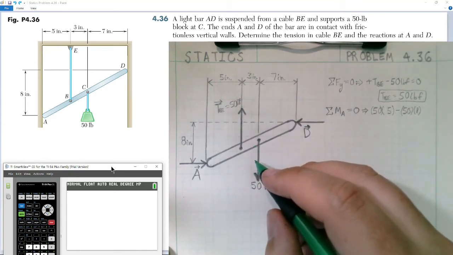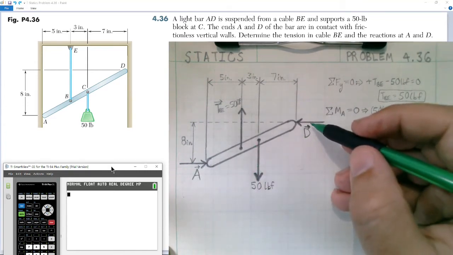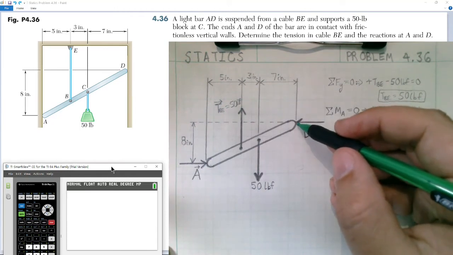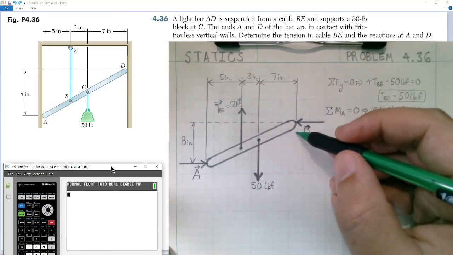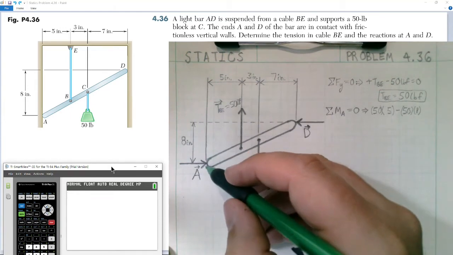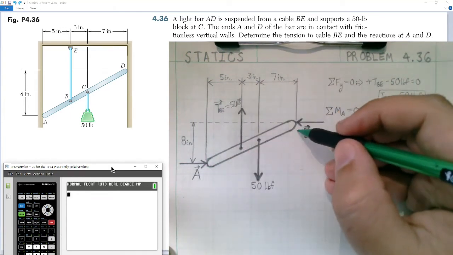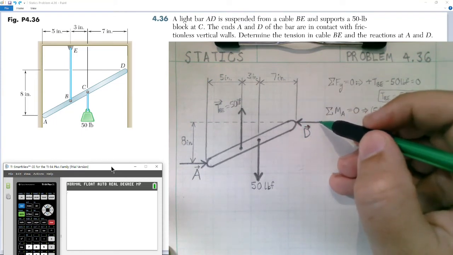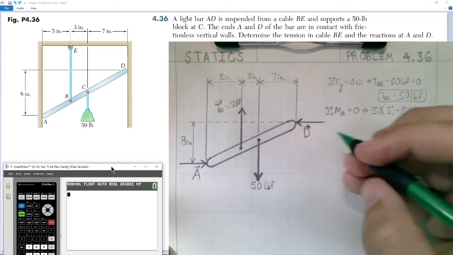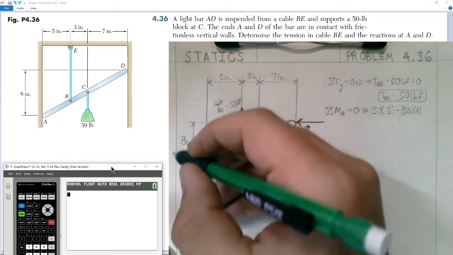And finally, we have our reaction at D, which must be horizontal because this is a frictionless wall. So we have reaction A pointing to the right and reaction D pointing to the left. Due to being a frictionless wall, these have only one force component. Our reaction at D is creating a counterclockwise moment.